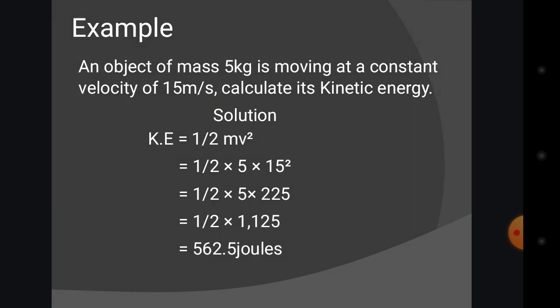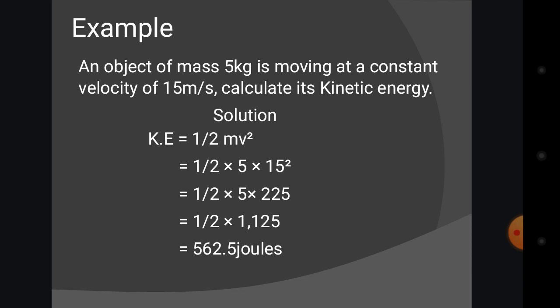So here is the example of kinetic energy. An object of 5 kilogram, that is the mass, is moving at a constant velocity of 15 meter per second. Calculate its kinetic energy. So you see, we have our mass here and we have our velocity here, but the question says we have to find the kinetic energy.